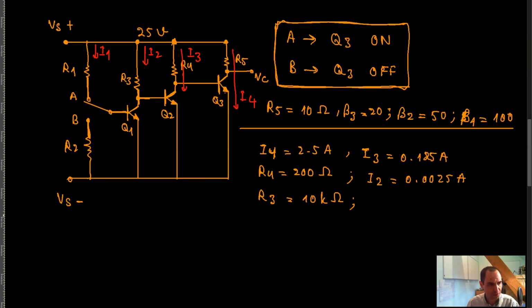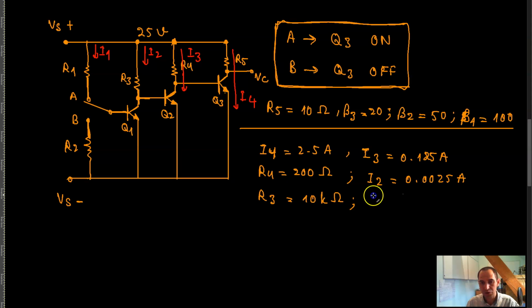Let me think in a different direction. If I have this I2 over here, which is 0.0025 amp, and this resistor over here, which is 10 kilo ohm, that's going to be 25 volts, right?